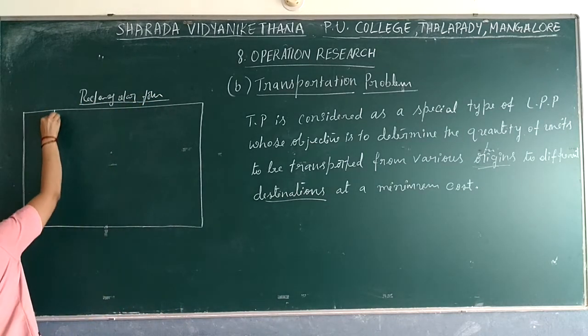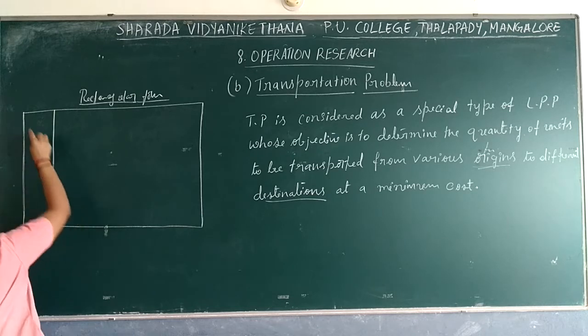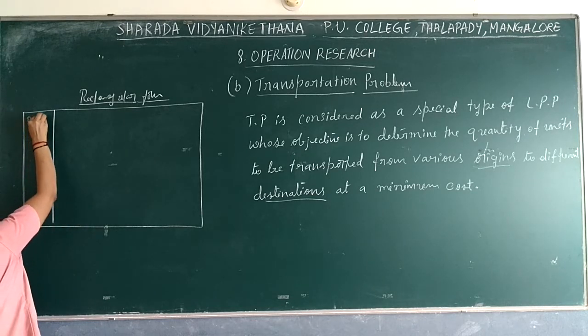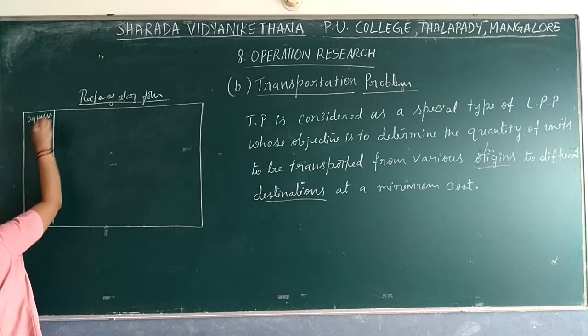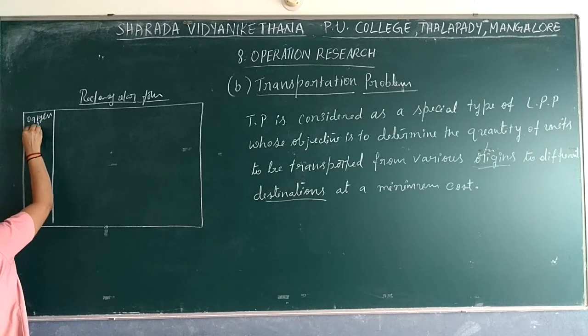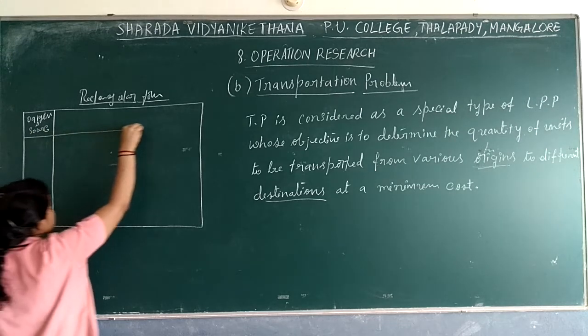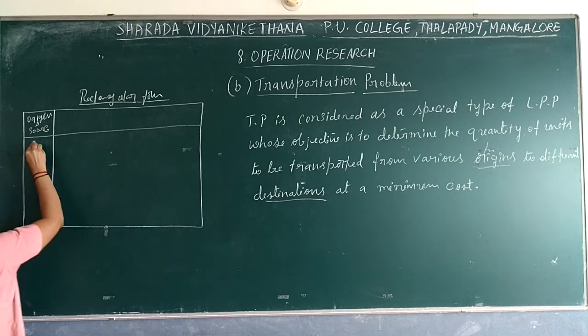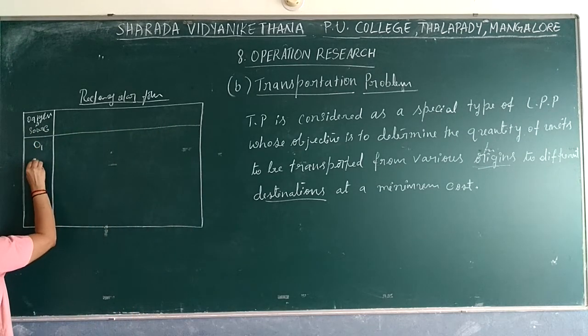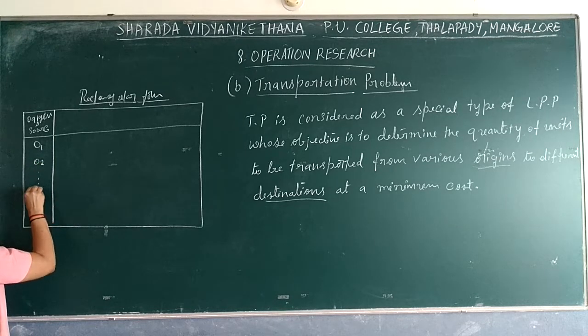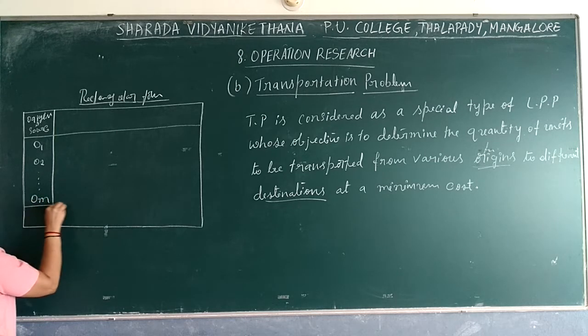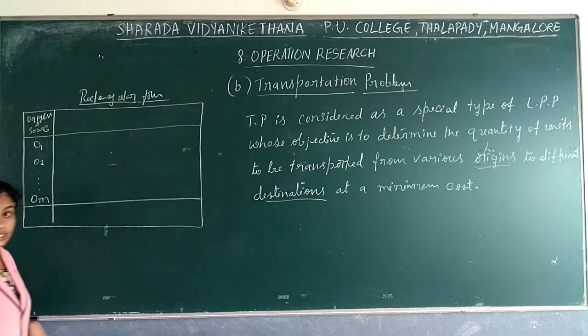How do we present it in a rectangular form? There is an origin, or else we can call it a source. Origin or source, that we write as O1, O2, then O3, O4, and OM.